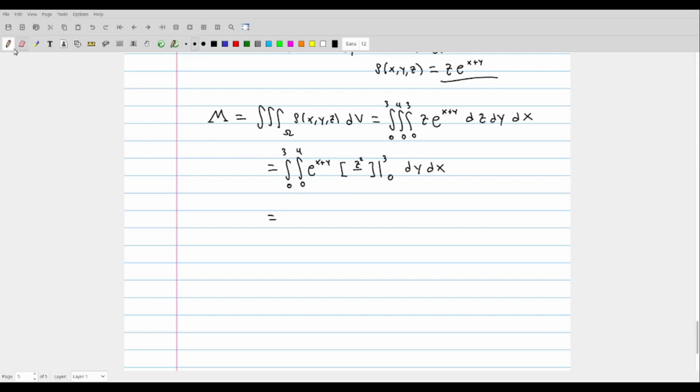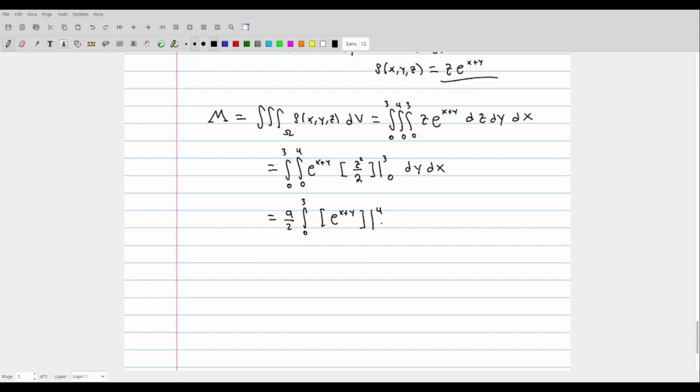The antiderivative of z is going to be z squared over 2. So when we plug in here, you'll get 3 squared, which is 9 over 2. And you have the integral from 0 to 3. And the integral of e to the x plus y with respect to y is just going to be e to the x plus y, because the antiderivative of e is just itself.